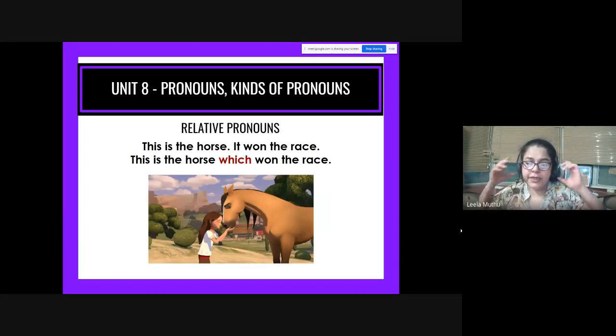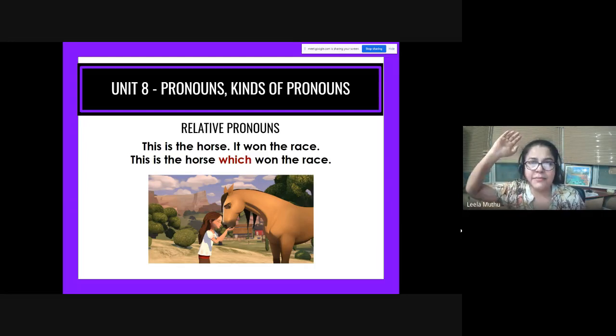Okay, so now look at this. This is the horse. First part of the sentence. When I say it won the race, you know I'm talking about the horse. But now let's try to make it into a complete sentence using a relative pronoun. Like I told you, for animals we usually use which, but you can use that as well. So this is the horse.